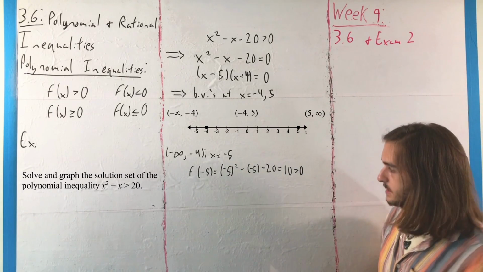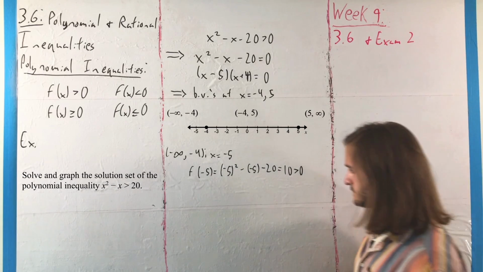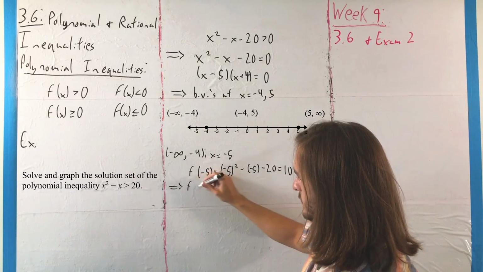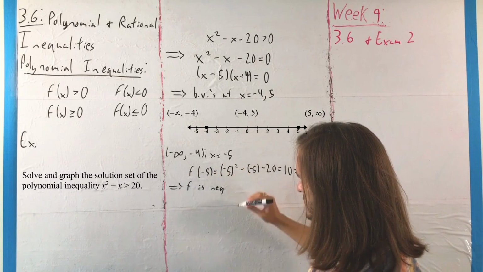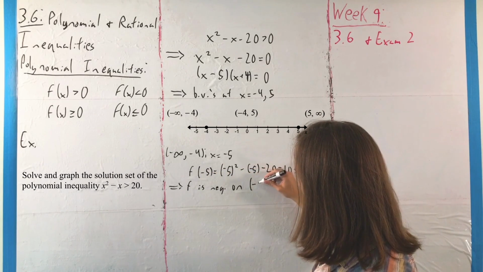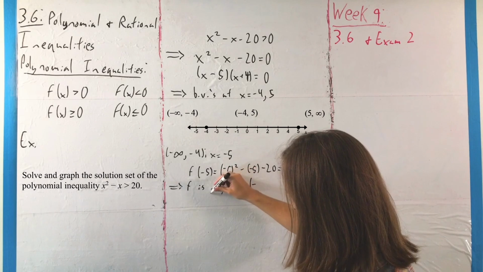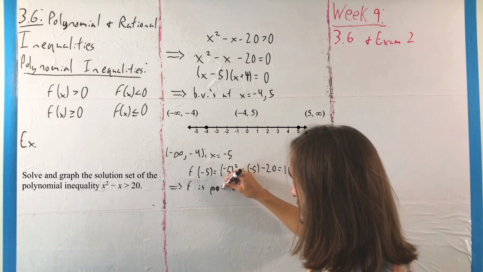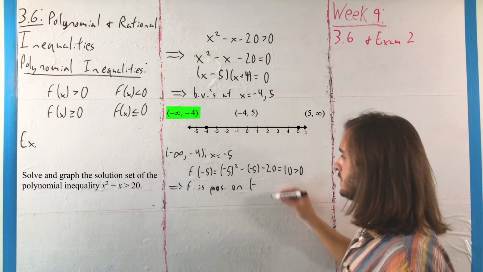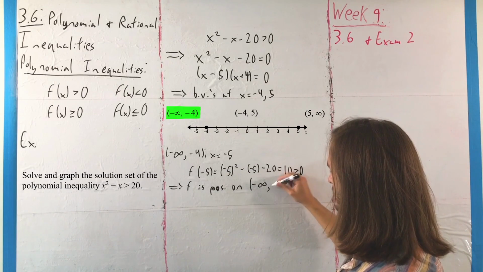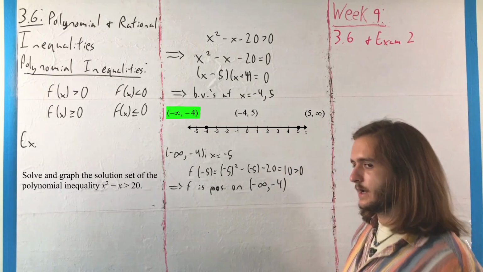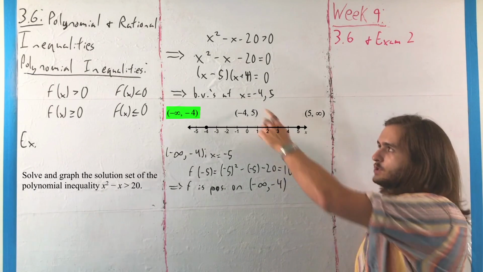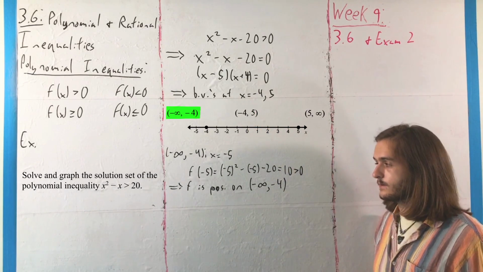So, because it's negative here, we have that f is positive, because f is positive at that one point. F is positive throughout the entire range of that interval, since it cannot possibly change anywhere until negative 4.